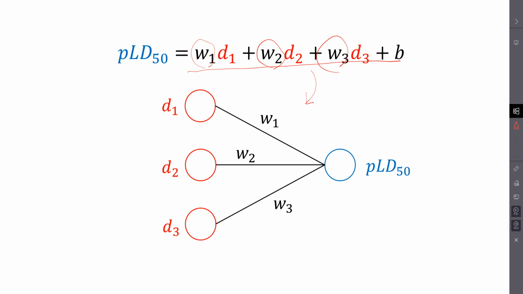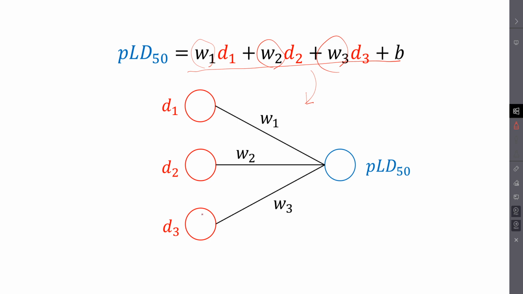So we have an input layer with input nodes, and this is the output layer and output node. And you can see that the input node takes each input. So if we have more descriptors, like 4 or 5, then input nodes should be 4 or 5. So the number of descriptors is actually the number of input nodes here.